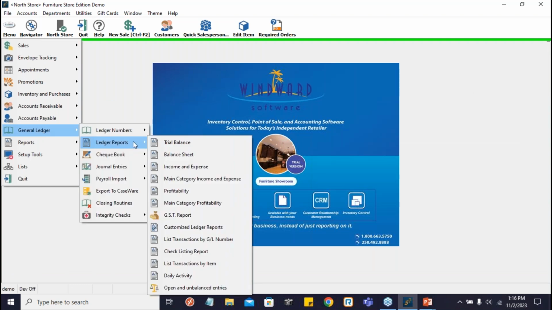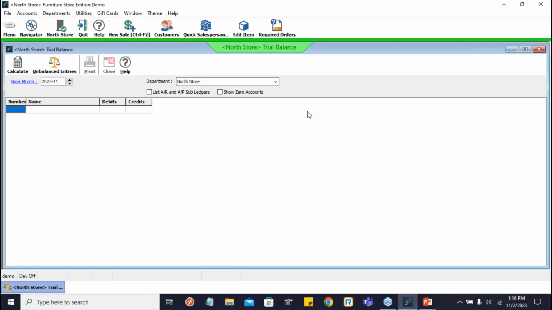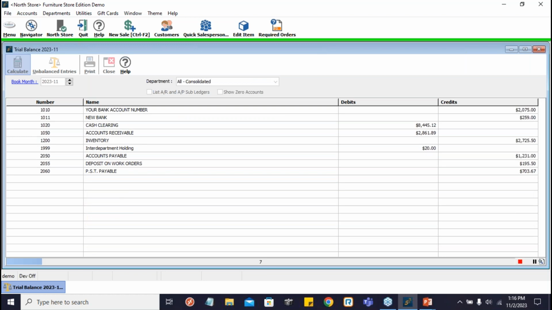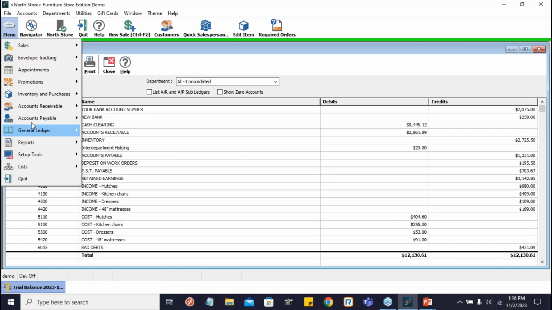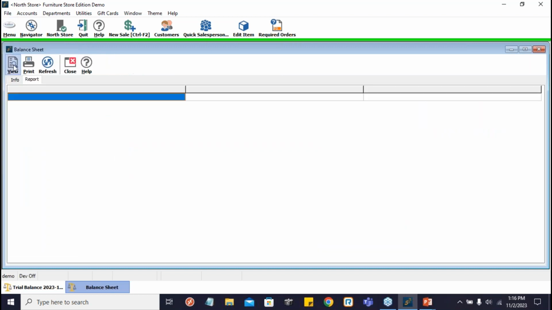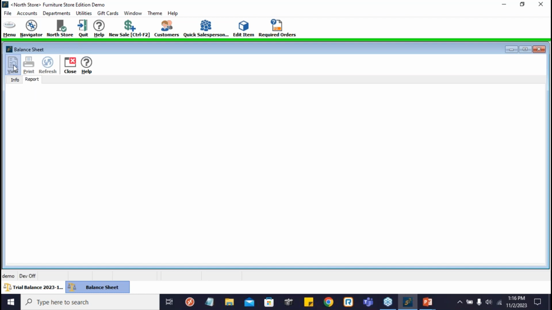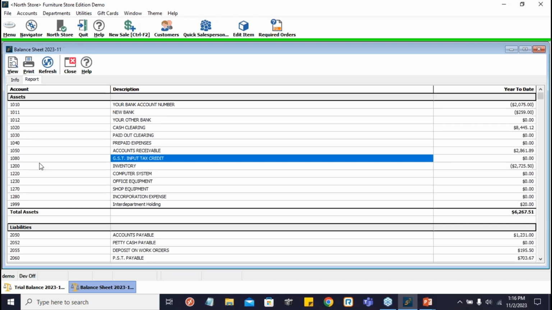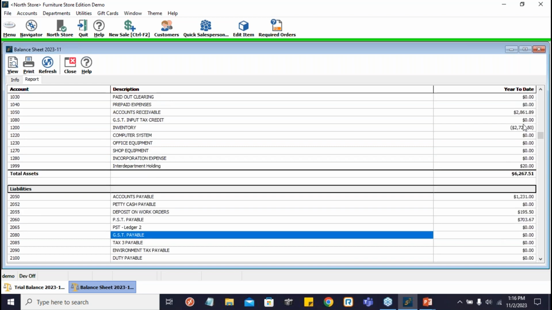Okay, balance sheet. Okay, now it's showing that my 1080 and my 2080 are reduced to a zero value.